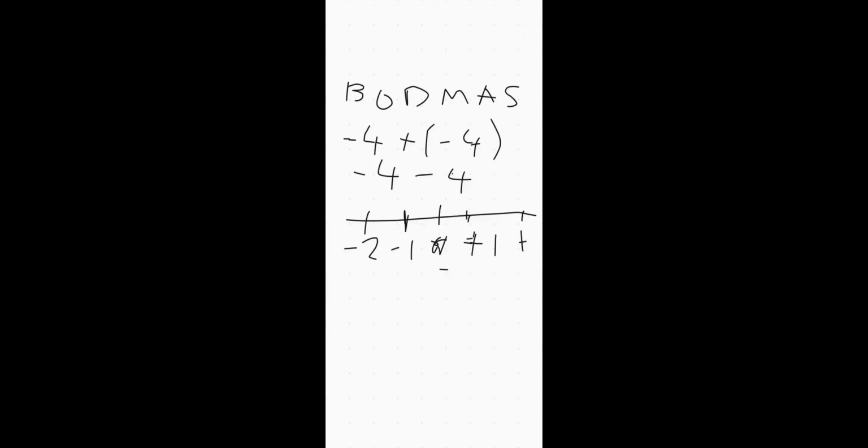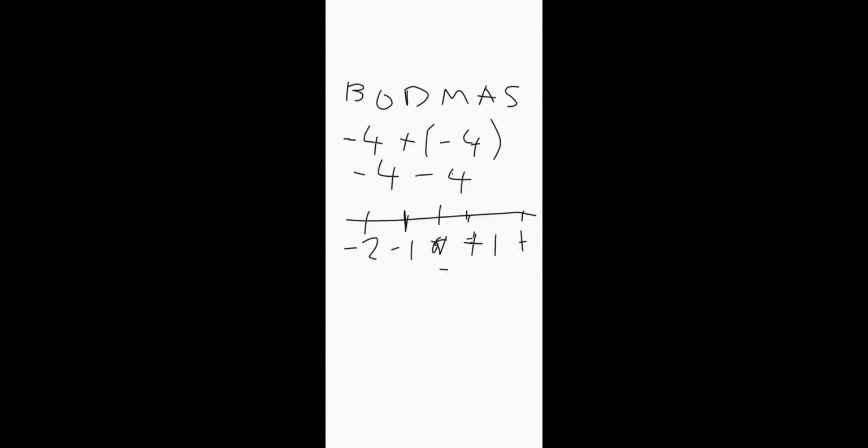Did you get what I just said? Ugo, are you there? Yes. Okay, good. So if I say -4 minus 4, it's like saying start at minus 4 on the left-hand side and go further to the left. So it's as if you are adding, but towards the left-hand side.